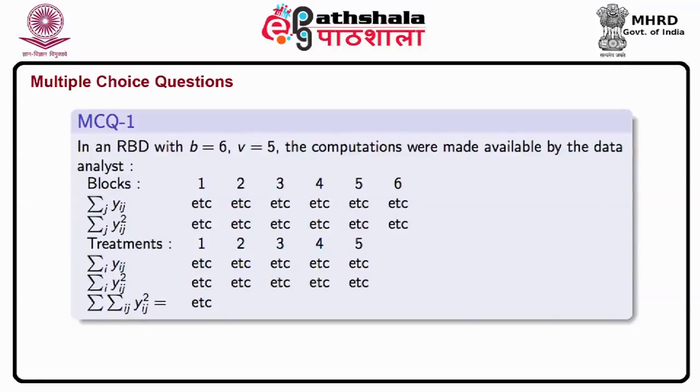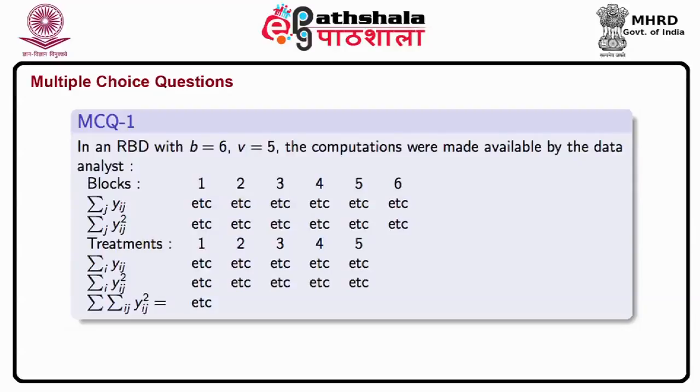So at first I am talking about the question which is related to RBD. The first question is, in an RBD with B equal to 6 and V equal to 5, the computations were made available by the data analyst, which is for the 6 blocks, the block totals, that is sum over j Yij, and the block raw sum of squares of the Yij's are given, as well as the treatment totals and treatment sum of squares.